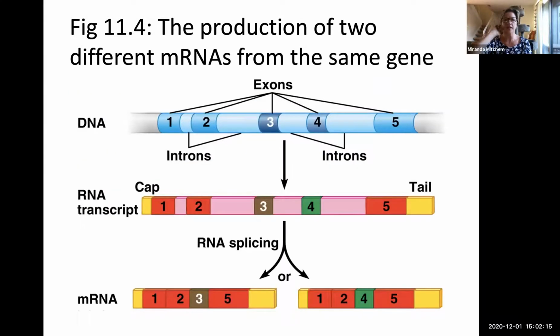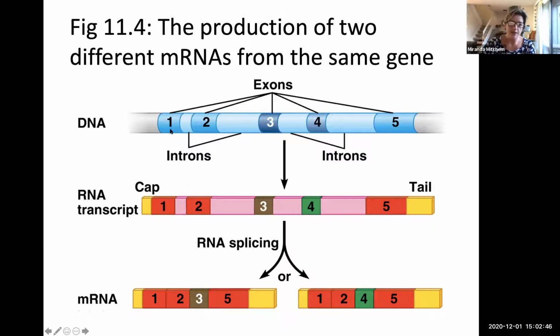Okay, so let's look at an example of how we get two different transcripts coming from the same DNA. So our DNA is on top and it's in blue. We have 5 different exons. And recall that exons, beginning with EX, are expressed as protein. So we've got 5 exons and 4 introns that space out these exons.